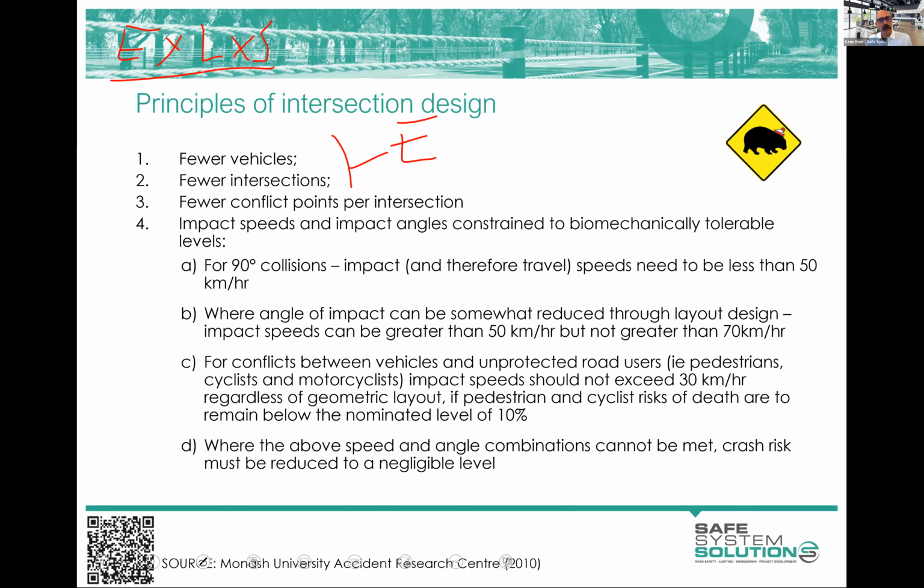There might be other crash types still available, but intersection crashes, you've removed. There is no intersection. Then you start to look into conflict points and can we reduce conflict points? Can we block a certain turn? Can we make it left in, left out? These sort of things. You've still got an intersection there, but you've started to address some of those conflict points. And that's going to influence the likelihood of crash.